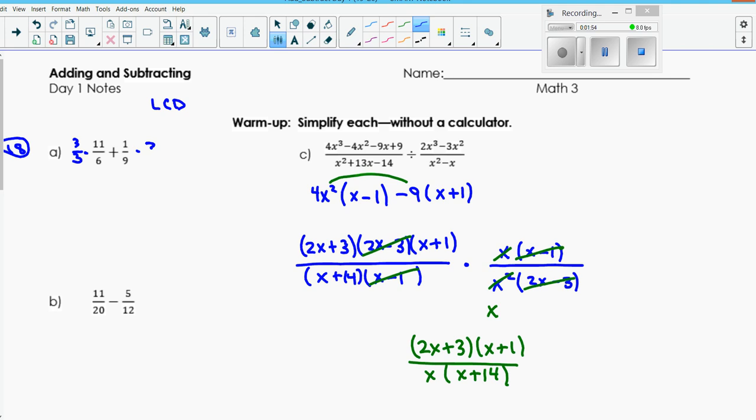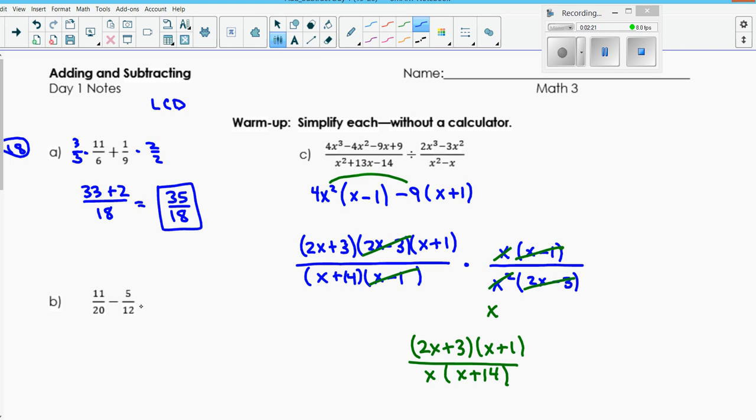Over here, I'd multiply by 2 over 2. So that makes this 3 times 11 is 33. This 2 times 1 is 2. Okay, so there's my numerator, both of which are over 18, which then equals 35 over 18. Okay, which cannot be simplified. There's no common factor that either of those numbers have.